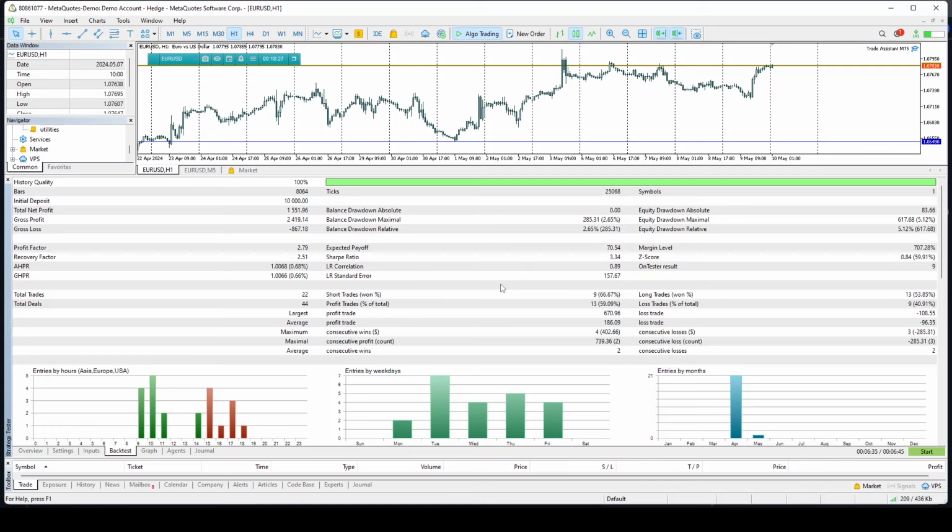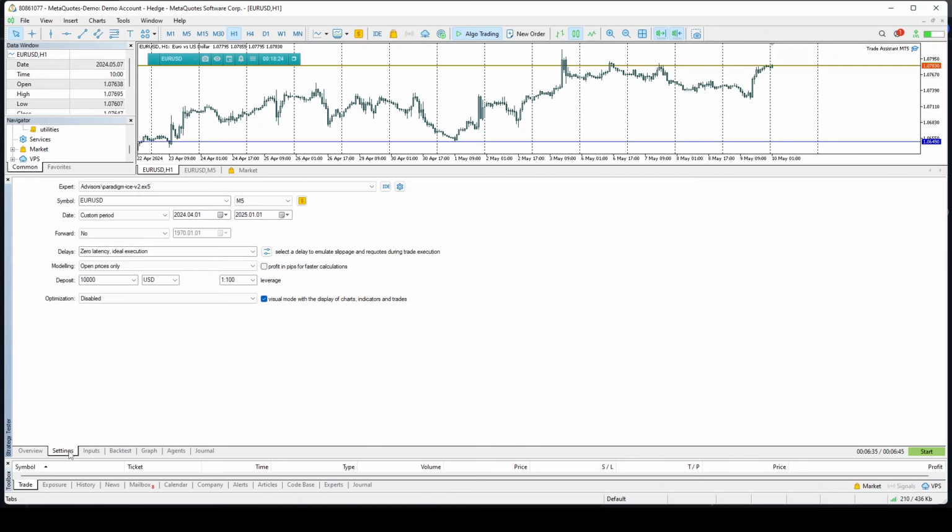So what I'm going to do is let's run another backtest. Let's run it for an entire year. That will not take too long. I think it shouldn't. So I'm going to run it through the whole of 2023, from January to, okay, let's just run it for a full 1 year.